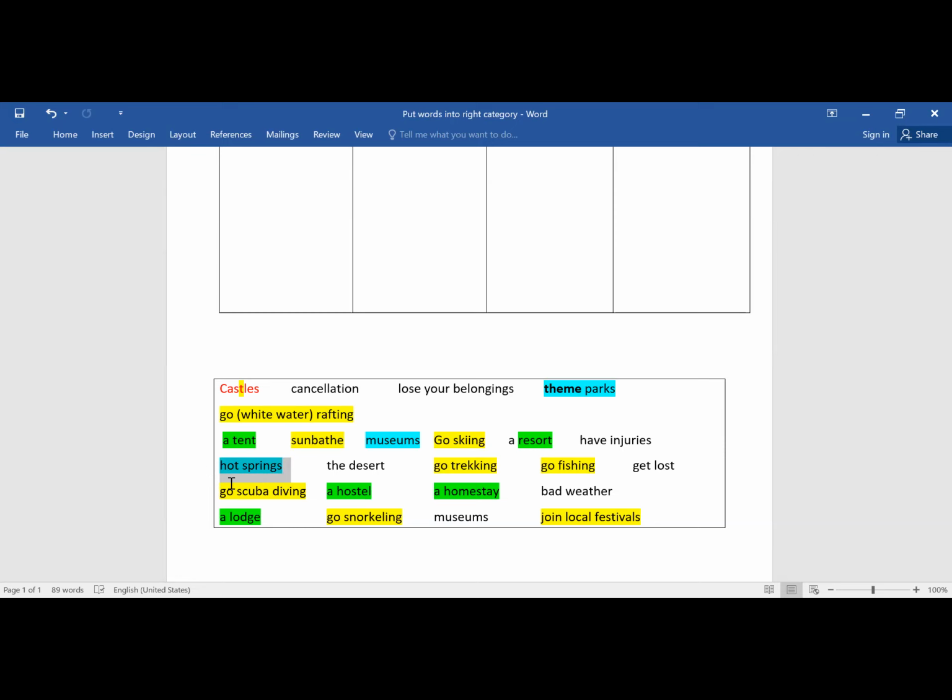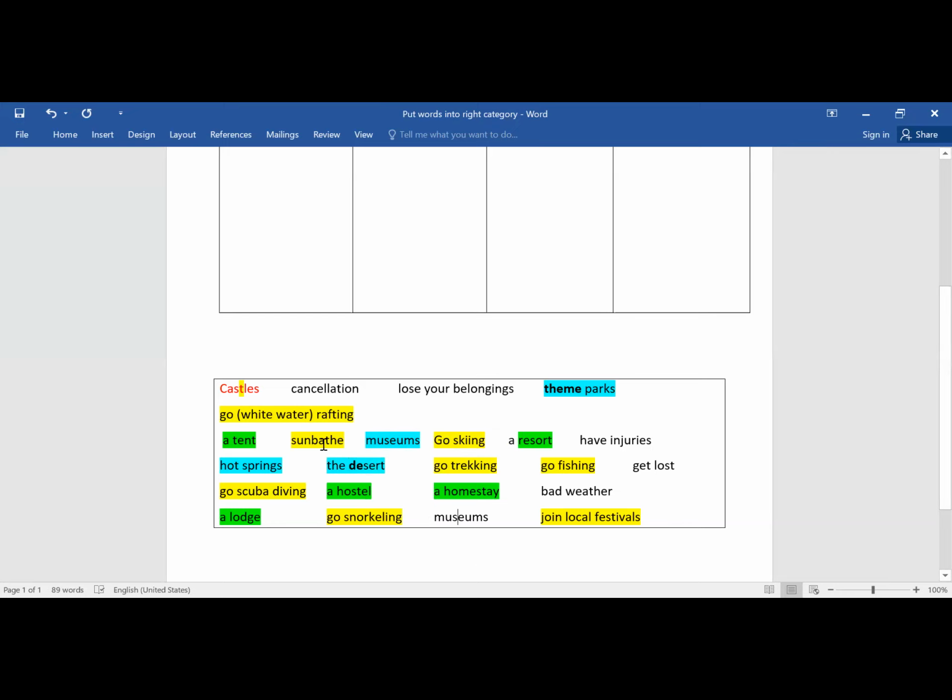Hot springs. And then, Mai Chi, keep going. The dessert. But let's be careful. The stress is on the first syllable, Mai Chi, and we have the sound. So can you say that again with the stress being on the first? Dessert. Oh, right.